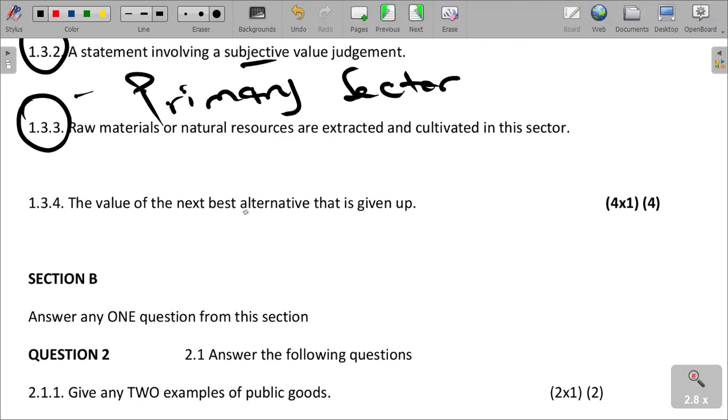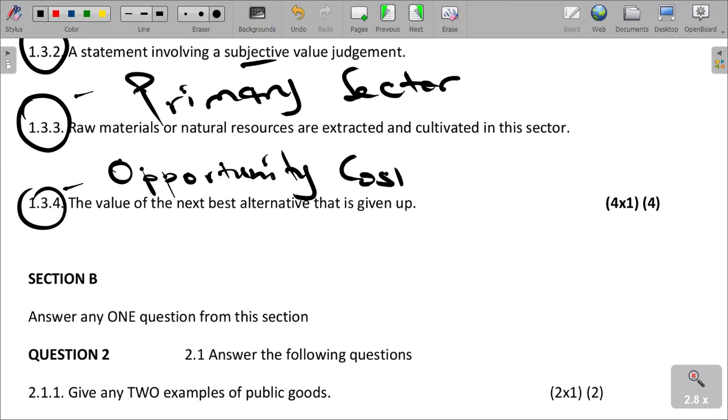The value of the next best alternative that is given up is called opportunity cost. People have got decisions or choices, and out of all of them, we cannot satisfy all of them.